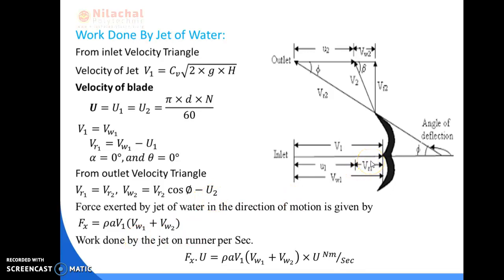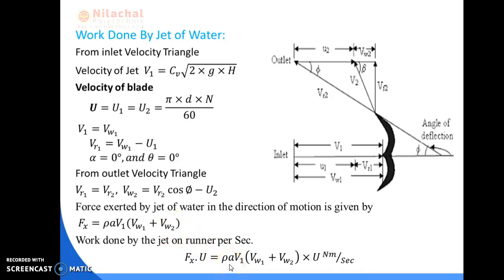In the earlier case, we have already studied in the case of the impact jet that the force exerted by the jet of water in the direction of motion is given by Fx is equal to mass of water striking per second into initial velocity minus final velocity. So now rho a V1 (Vw1 plus Vw2).